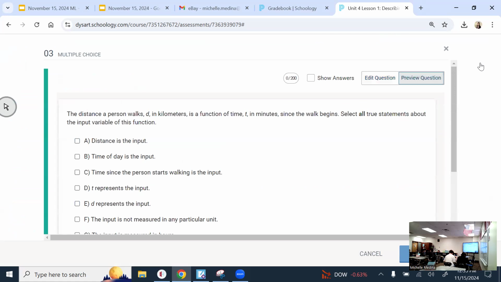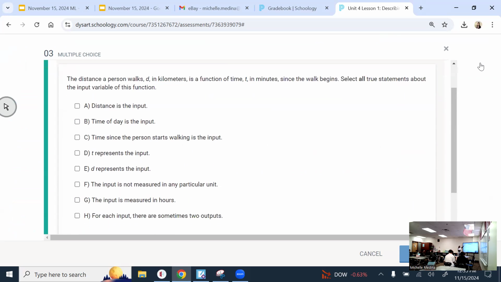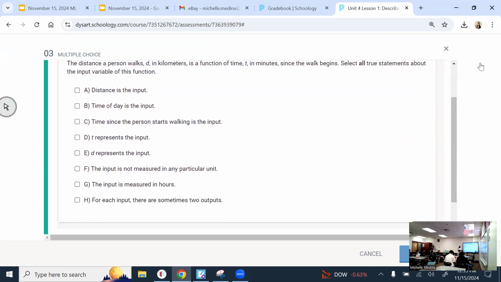Okay, so the distance a person walks d in kilometers is a function of time t in minutes since the walk begins. Select all true statements about the input variable of this function. So again, I think it's helpful labeling the coordinate plane. We are comparing the distance a person walks in kilometers to time.